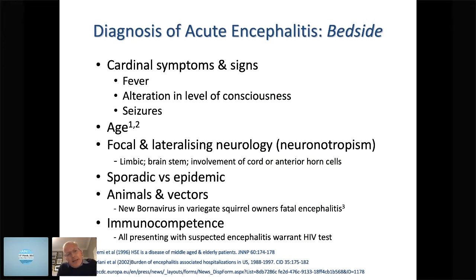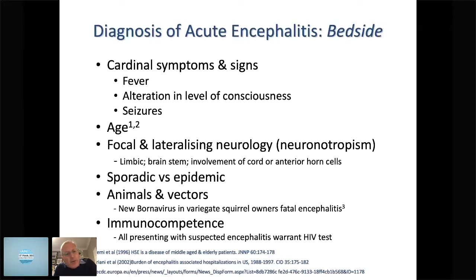What we see at the bedside, such as focal or lateralizing neurology, can often tell us about the disease process, meaning in an infectious cause, it can tell us about the neurotropism or the neuronotropism of potential organisms. But even in autoimmune causes, the pattern can give us a good clue as to etiology.